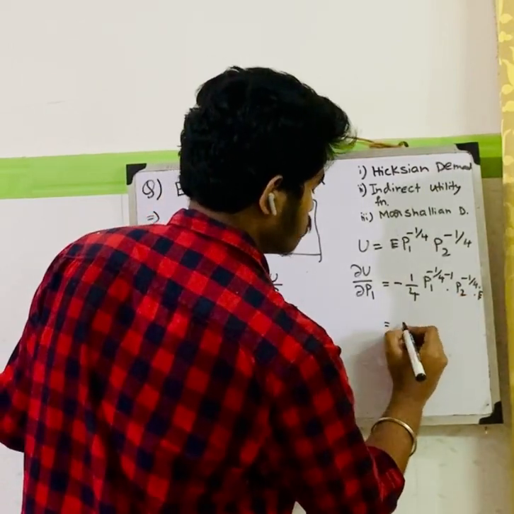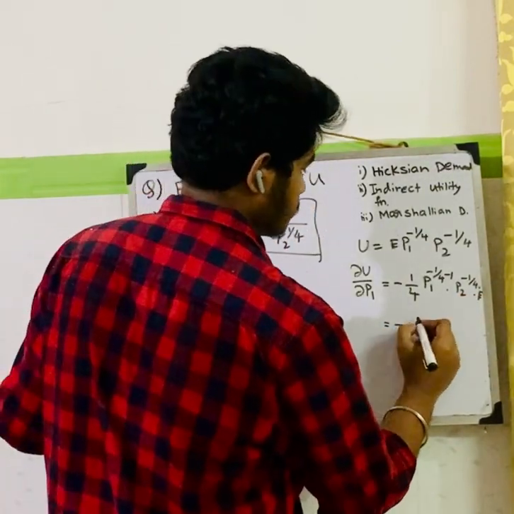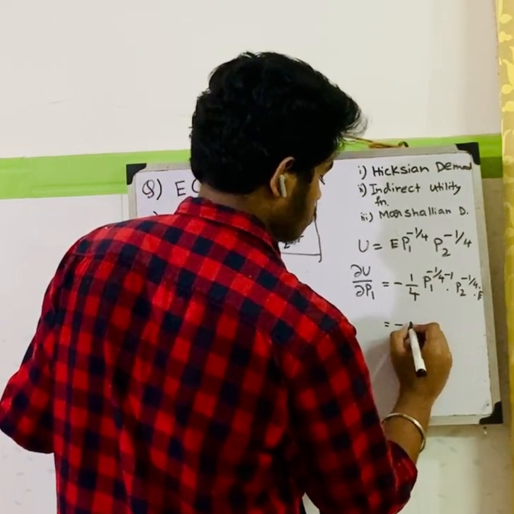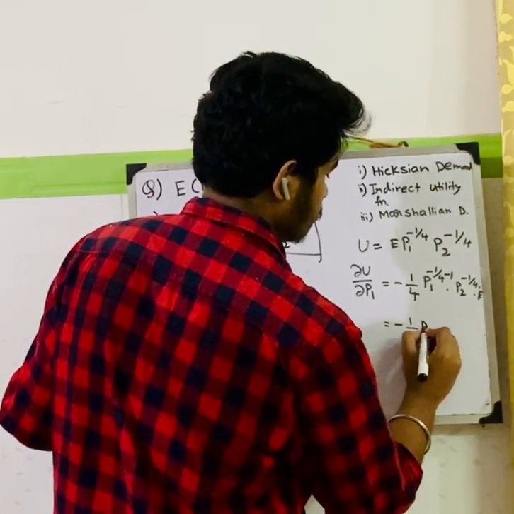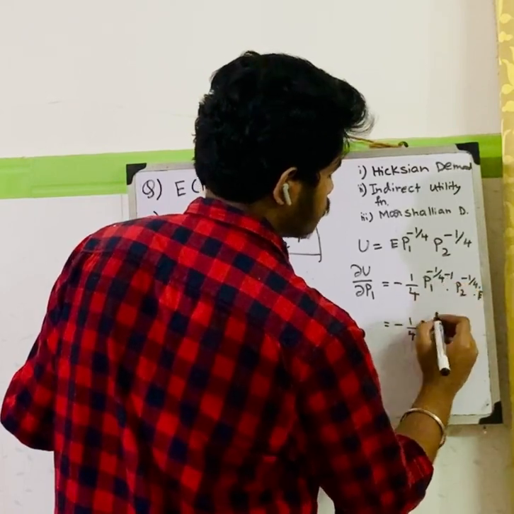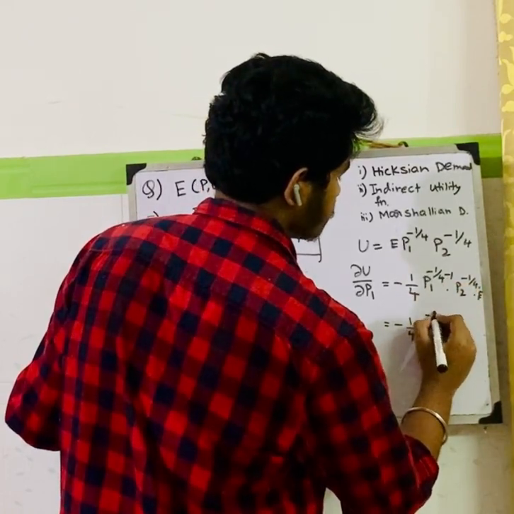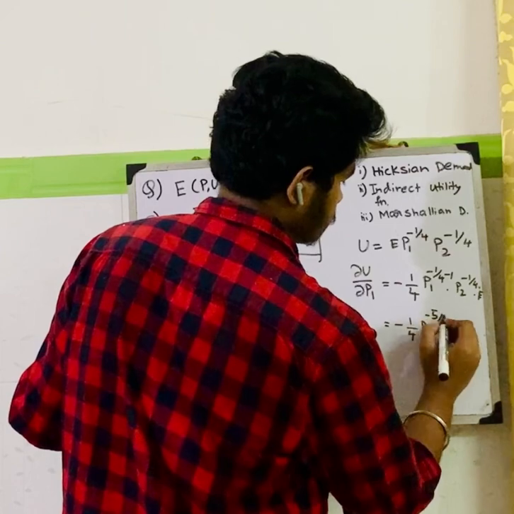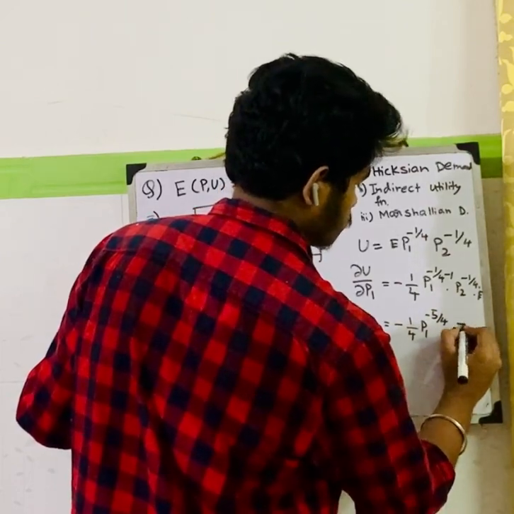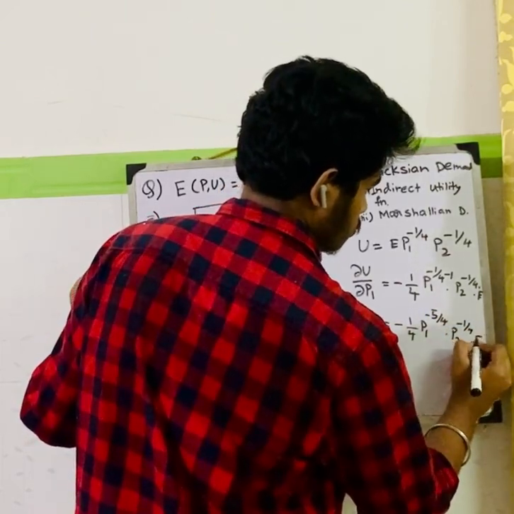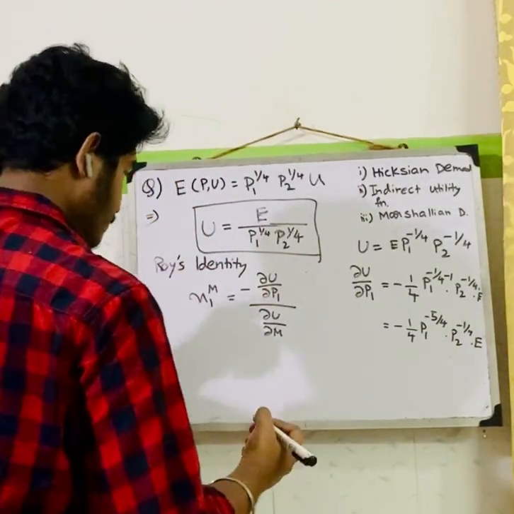So it will come to minus 1 by 4 P1, this will come to minus 5 by 4 into P2 to the power minus 1 by 4 into E, right?